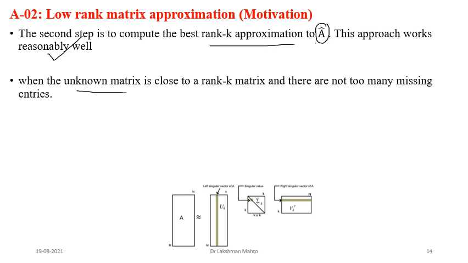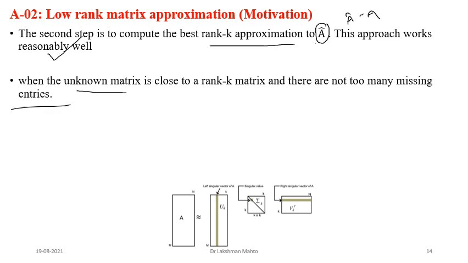Why unknown matrix? Because we don't know all the entries of that matrix. If by luck and hit and trial A cap happens to be very near to A, then there are not many missing entries.